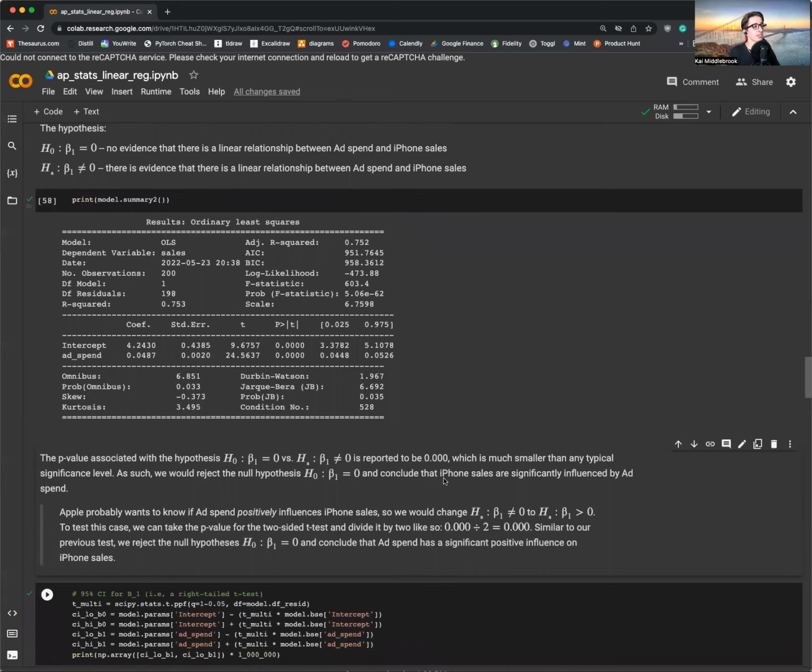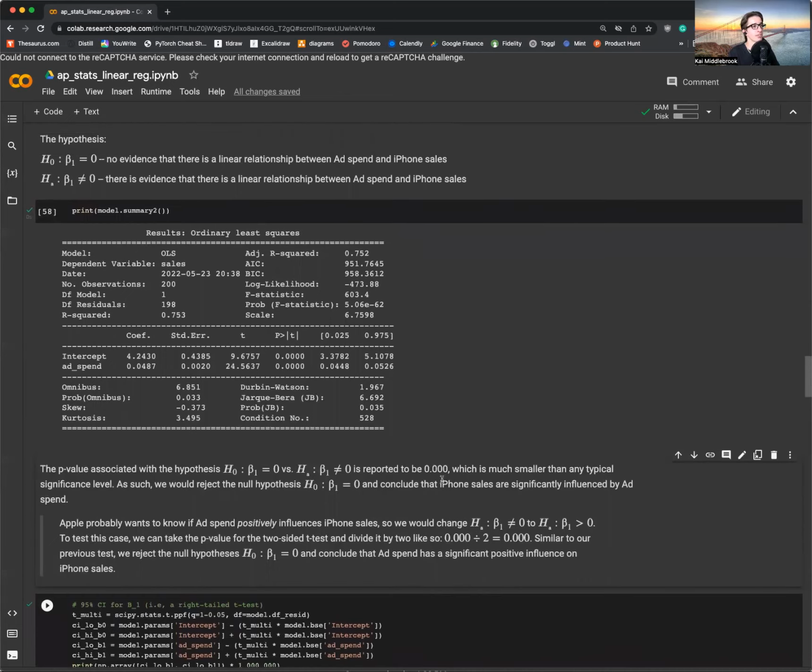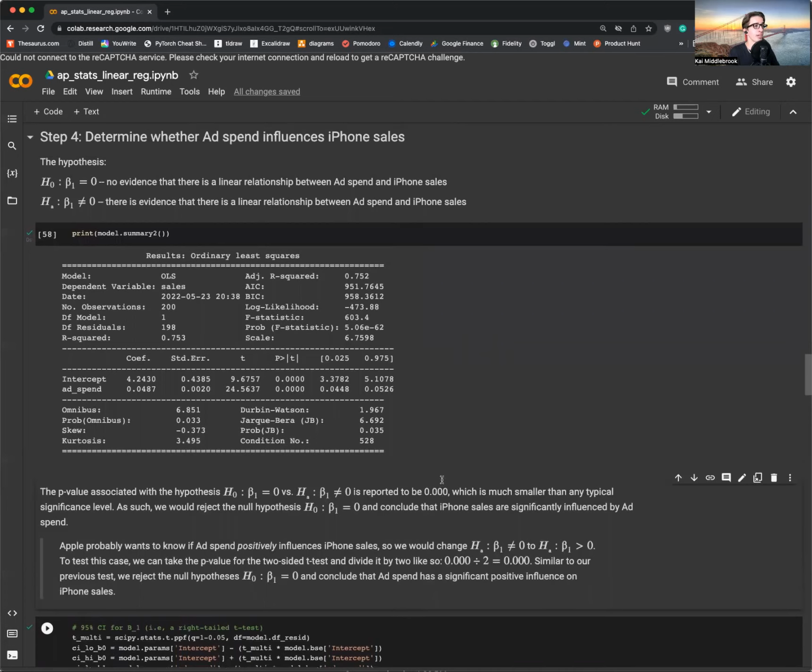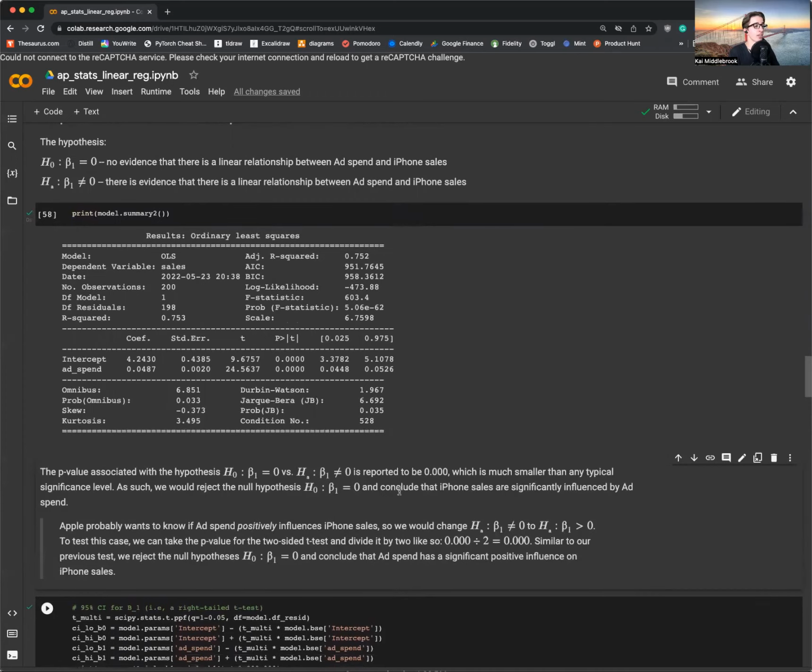Now, something interesting is Apple is probably less interested in whether there's any relationship between ad spend and iPhone sales. They probably want to know if there's a positive relationship. In other words, does ad spend positively influence iPhone sales? So in that case, our alternative hypothesis would change from the slope is not equal to 0 to the slope is greater than 0.